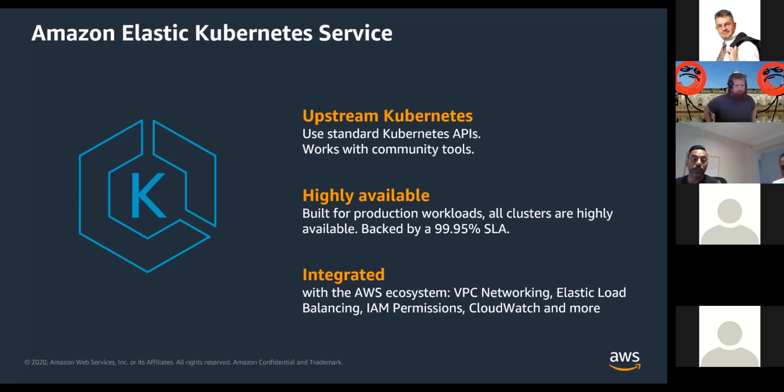With regards to high availability, the way it works is we deploy Kubernetes or EKS across different availability zones. For those who do not know what an availability zone is, it goes back to how the AWS infrastructure is designed.